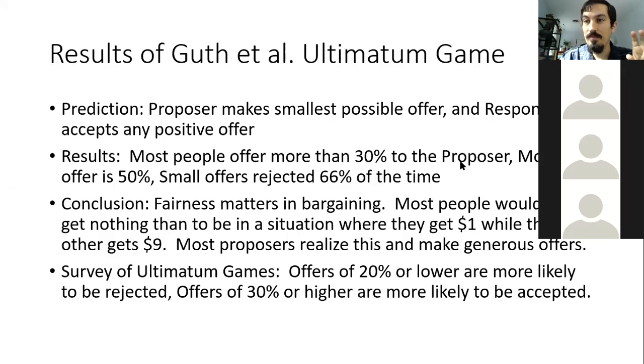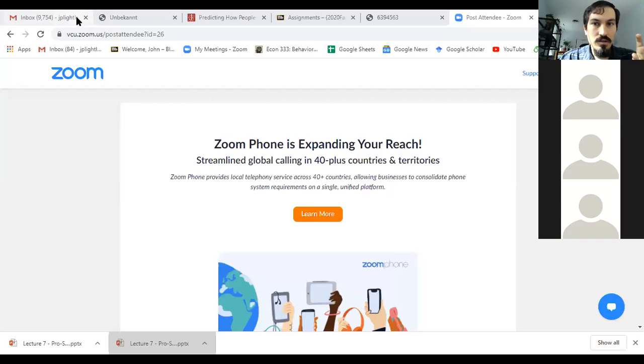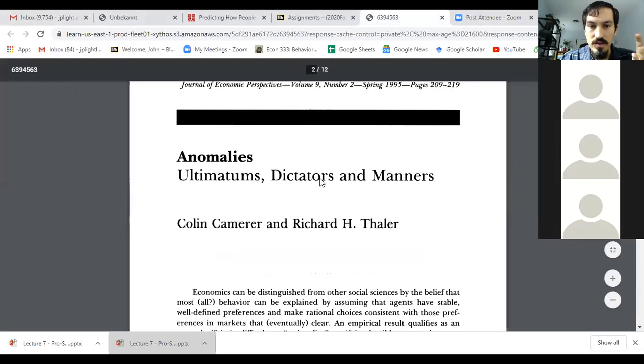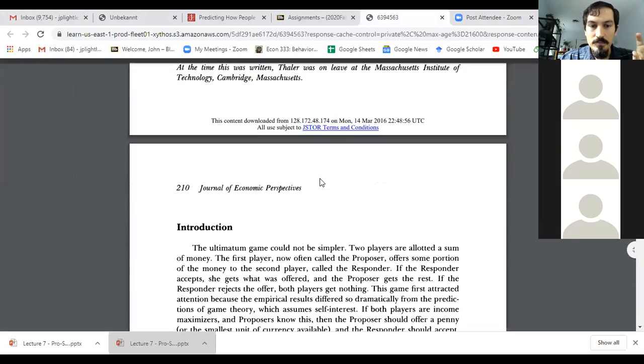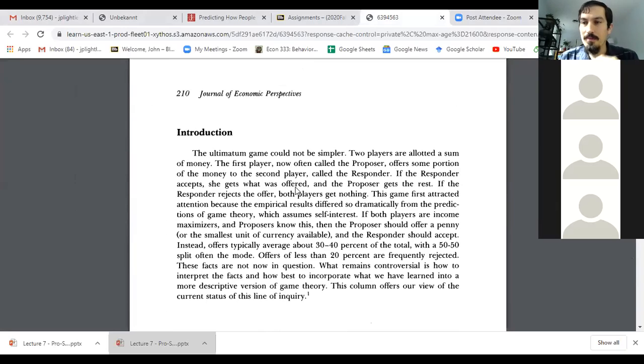I'm going to stop sharing so I can share the introduction paragraph of Camerer and Thaler's paper on ultimatum games.